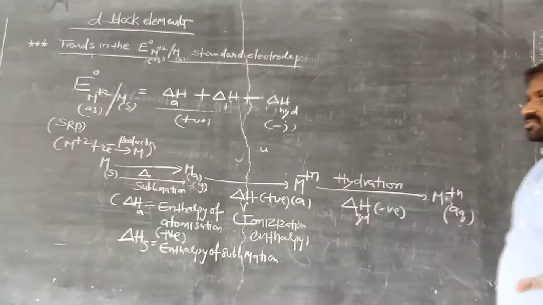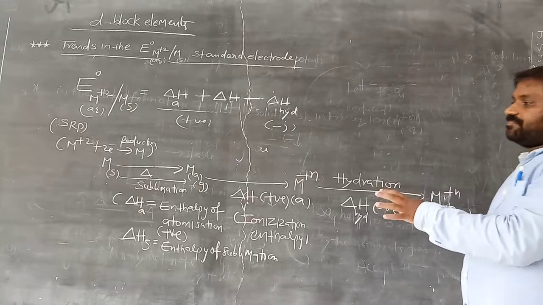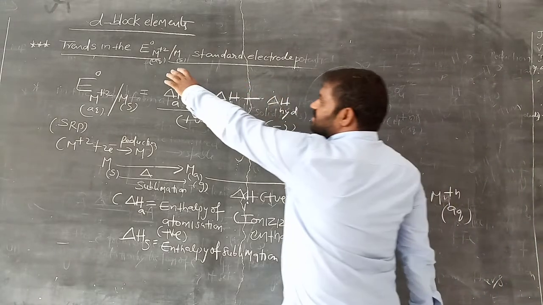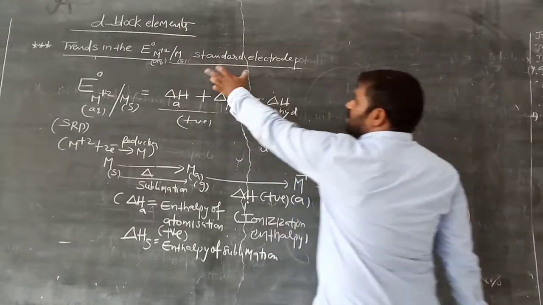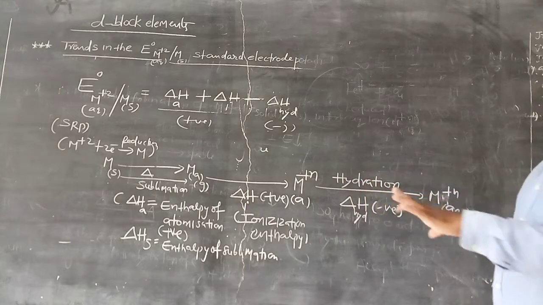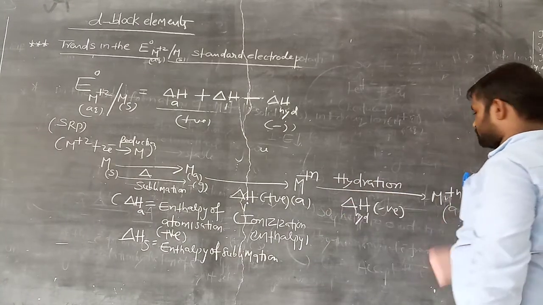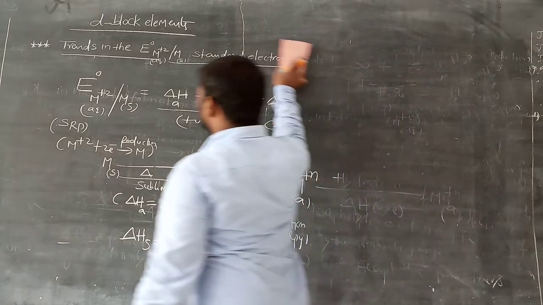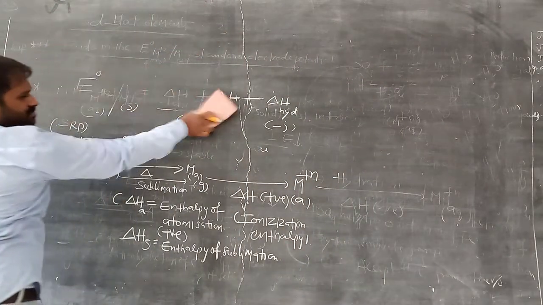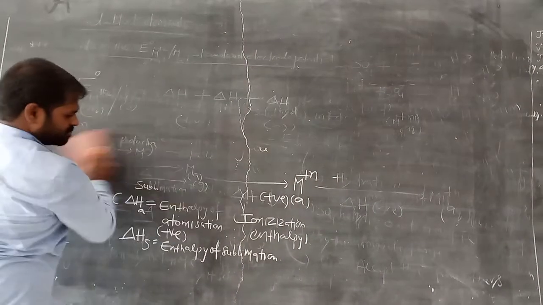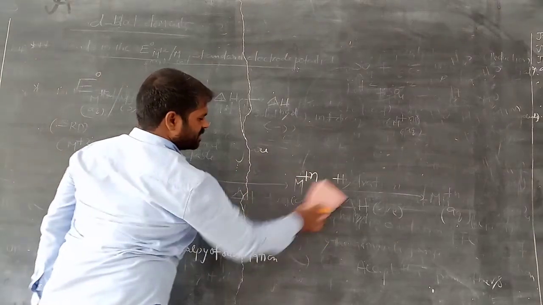Clear? So this is the introduction for learning about the trends in the electrode potential E naught of M 2 plus. We'll discuss the continuation in the next class.